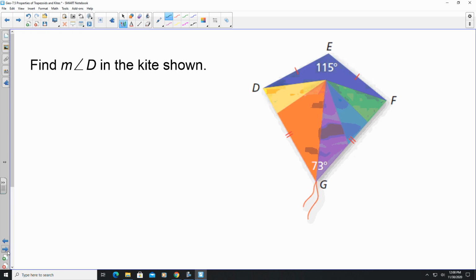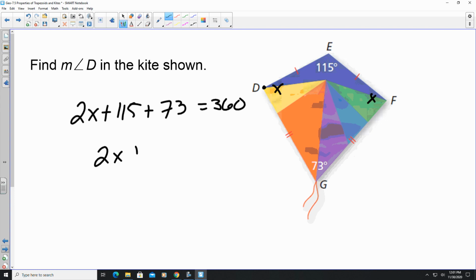Here they're asking you to find the measurement of D. So I need to find this measurement, so it's like X. Essentially, because it's a kite, angle F is also going to be whatever the measurement of angle D is, so we'll call that X. So this is going to be 2X plus 115 plus 73, and it's still a 4-sided figure, so it's going to be equal to 360 degrees. 115 plus 73 is 188.